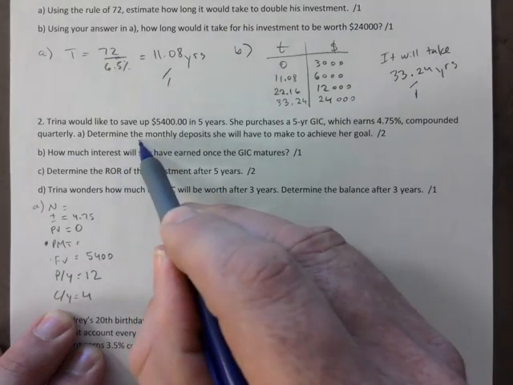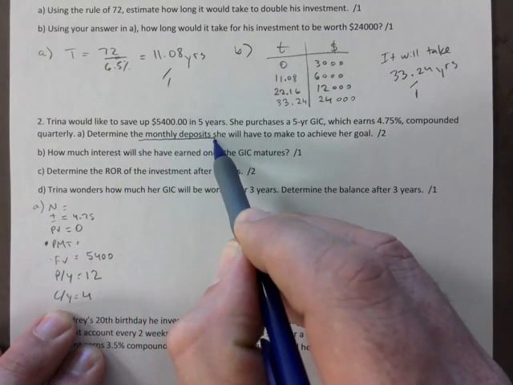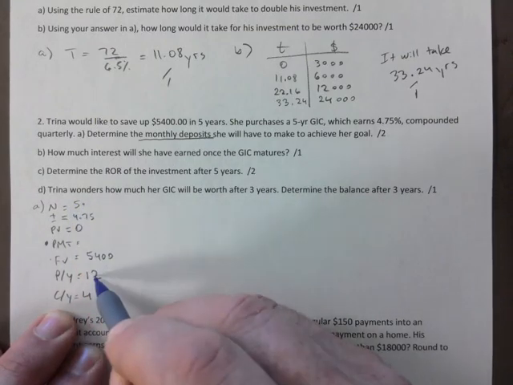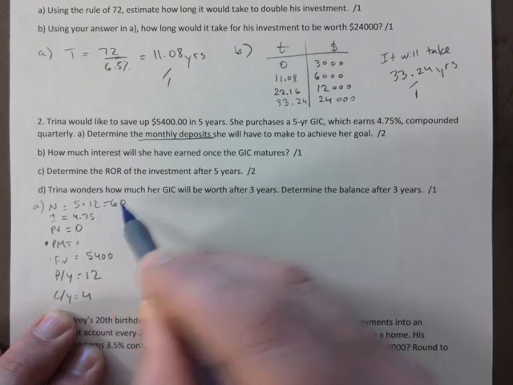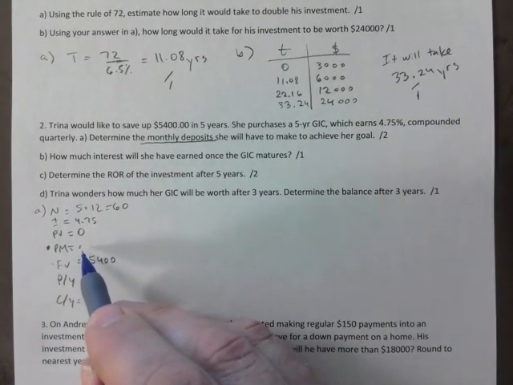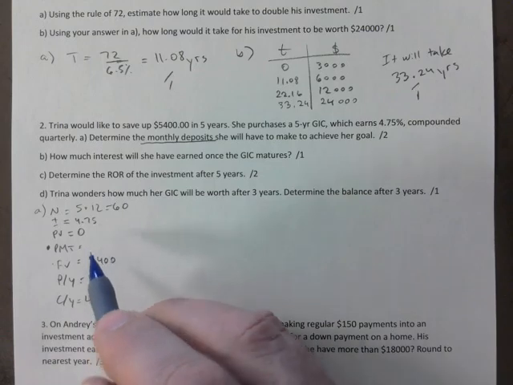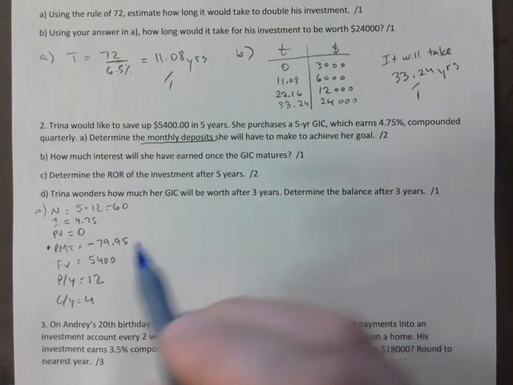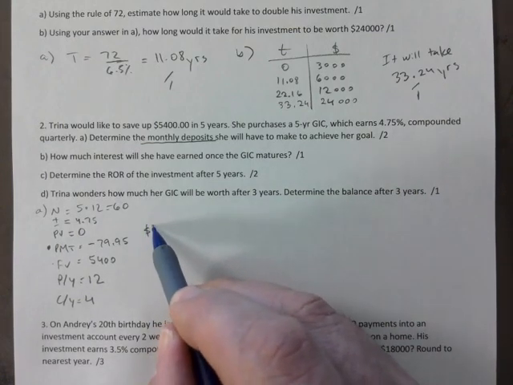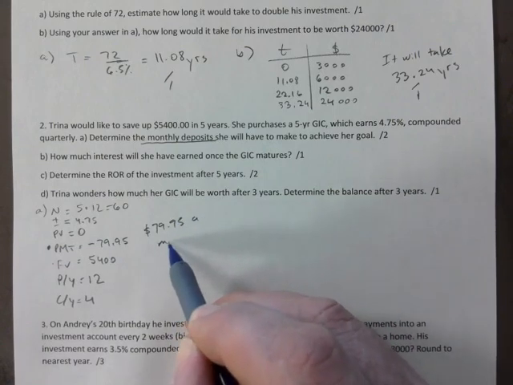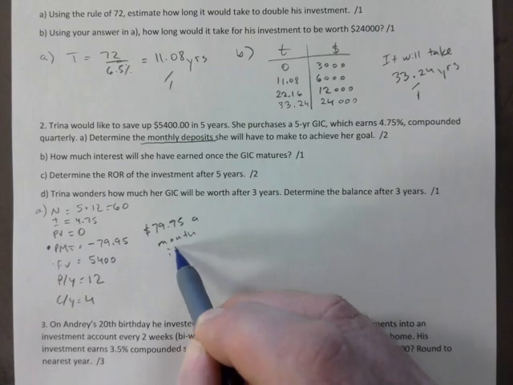Because it says determine the monthly deposits, N is 5 times 12, so that's 60. In this case, it'll be 60 periods, and the periods are months, right? So when you solve that, you get negative 79.95. And so we'll just make sure that 79.95 a month is needed.